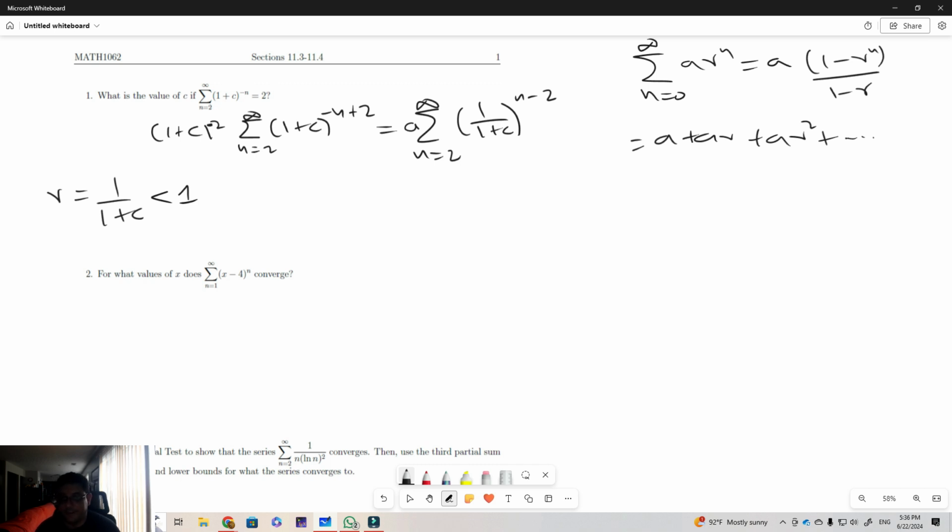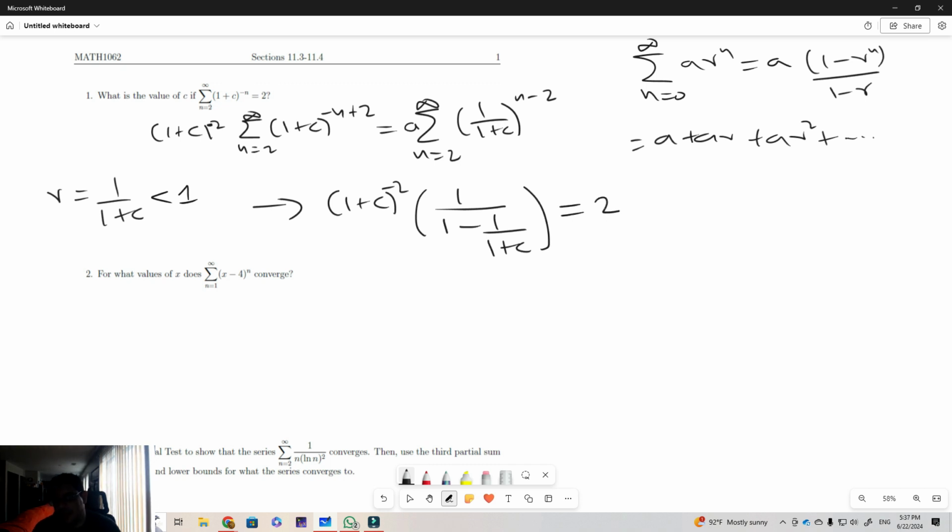In that sense, this is going to be convergent to (1 plus c) to the minus 2, which is the a, times 1 over 1 minus r, where r is 1 over 1 plus c.